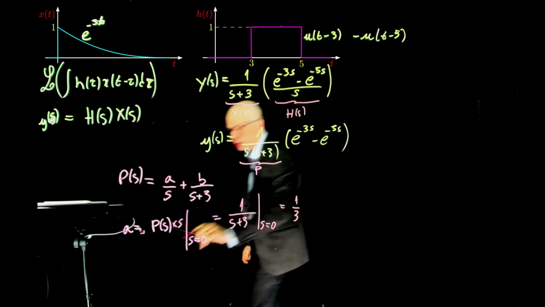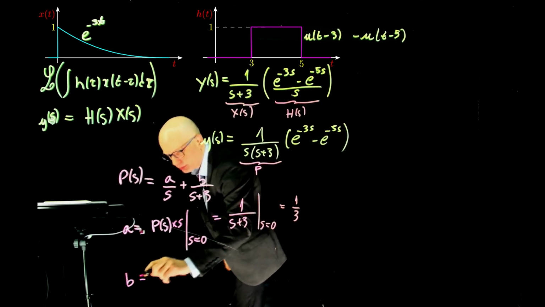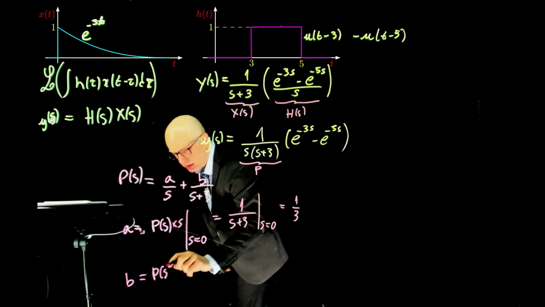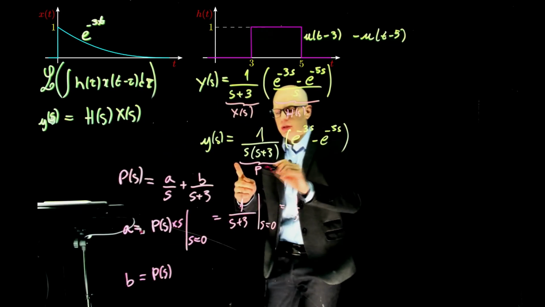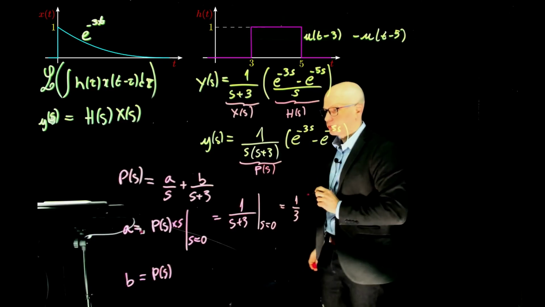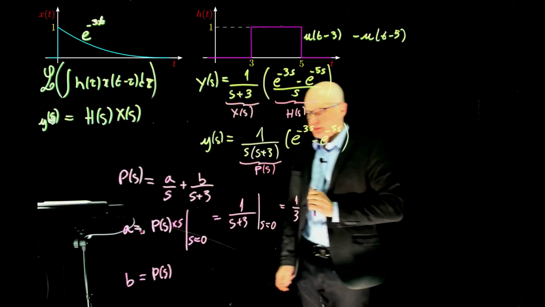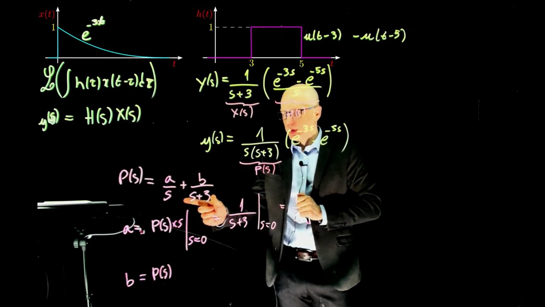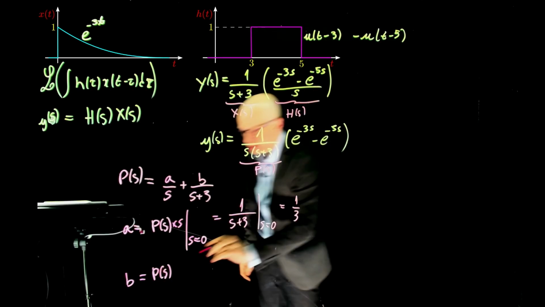Tell me the equation for B. B is p of s, which is this, times whatever divides B, which is s plus 3.